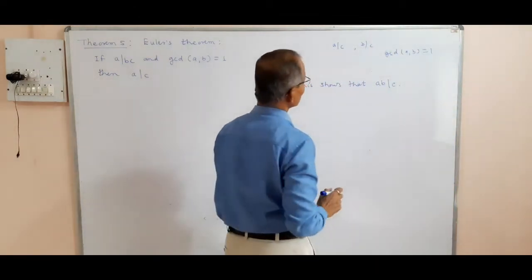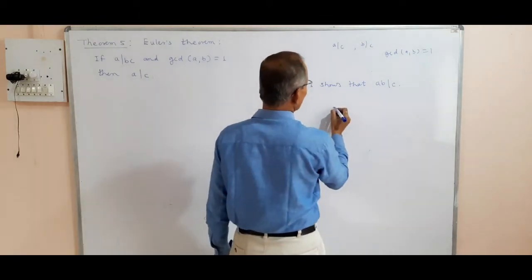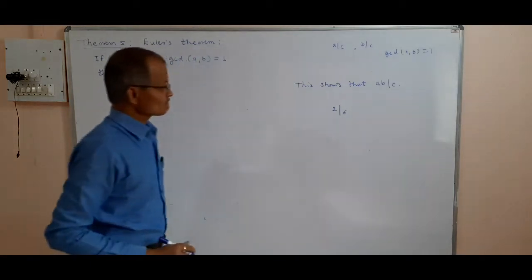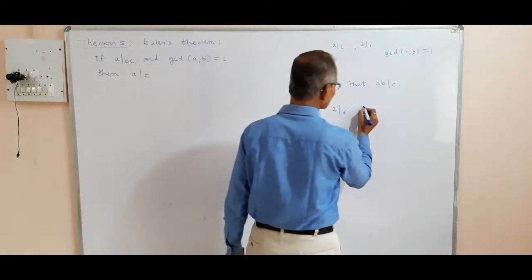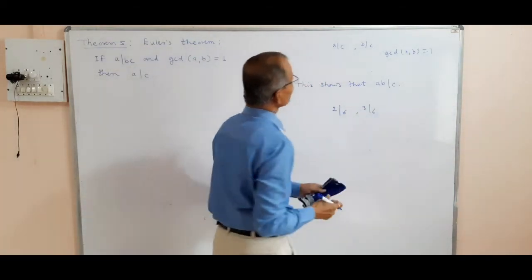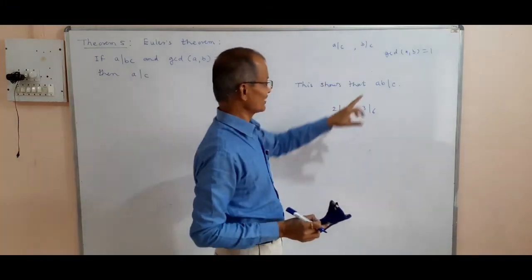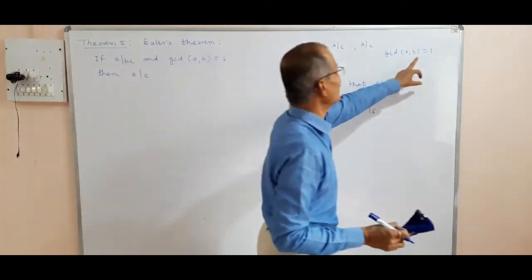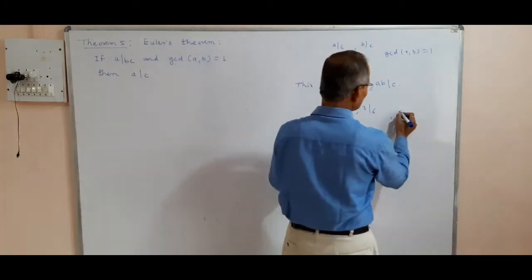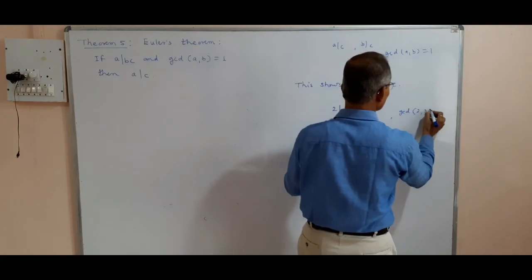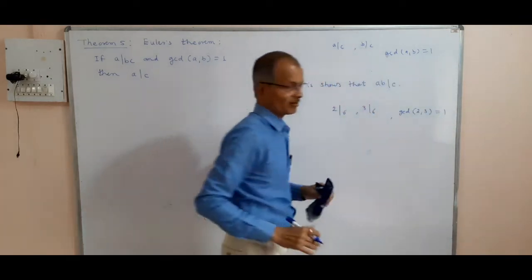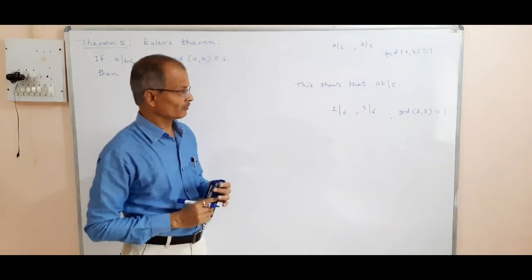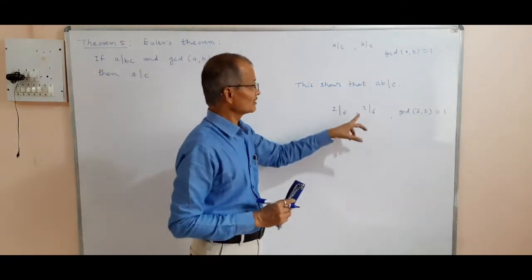Now, for example, I shall consider say 2 divides 6, and also we will consider 3 divides 6. See, A divides C, B divides C. A is taken as 2, B is taken as 3. And whether GCD of A and B is 1? Yes. GCD of 2, 3 is equal to 1. No common divisor for 2 and 3 except 1.